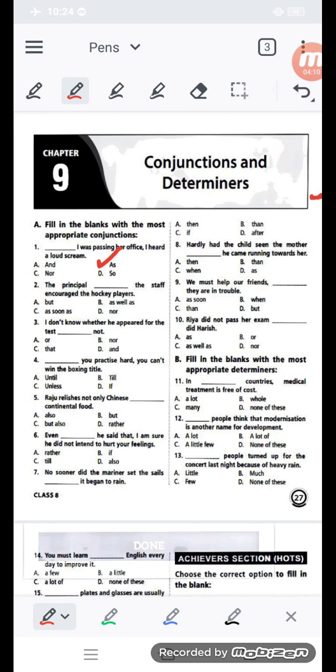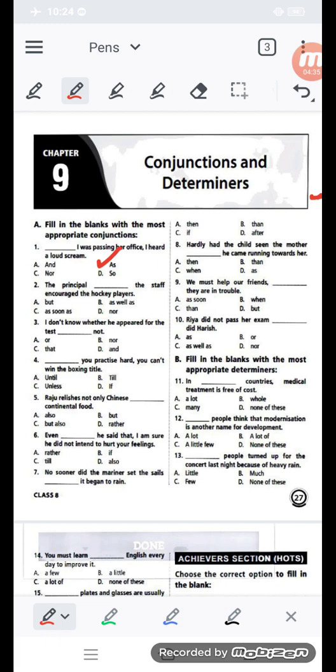Next question. The principal dash the staff encouraged the hockey players. Here the options are but, as well as, soon as, nor. Here you can see option B, as well as. The principal as well as the staff.